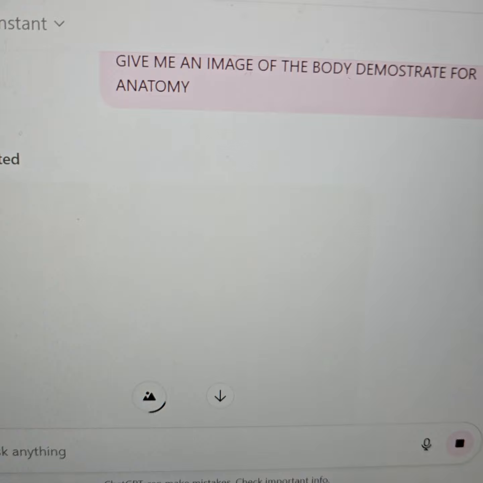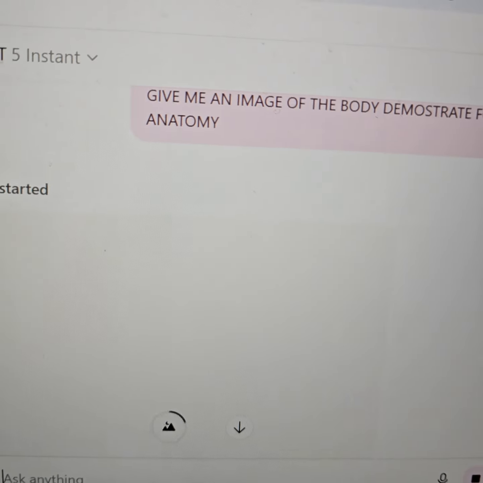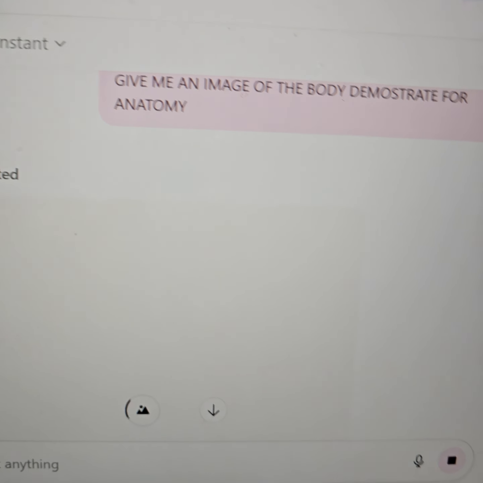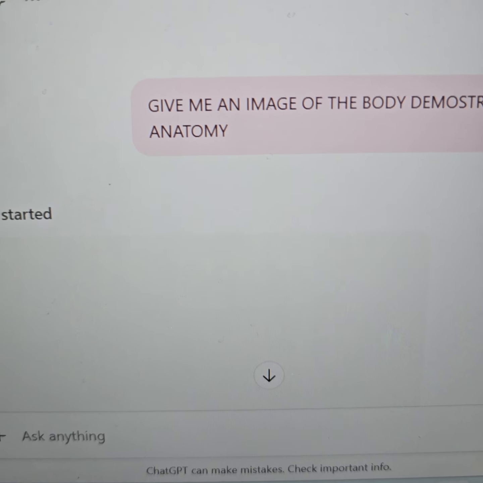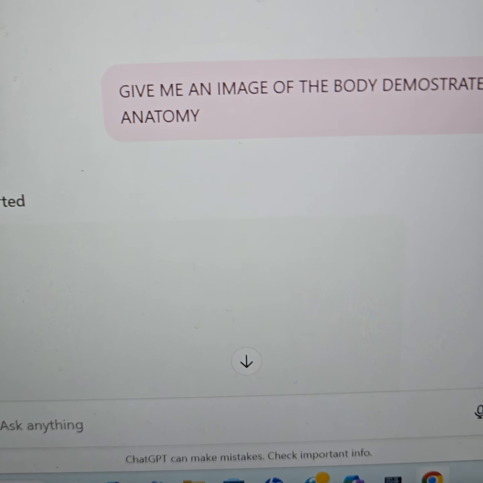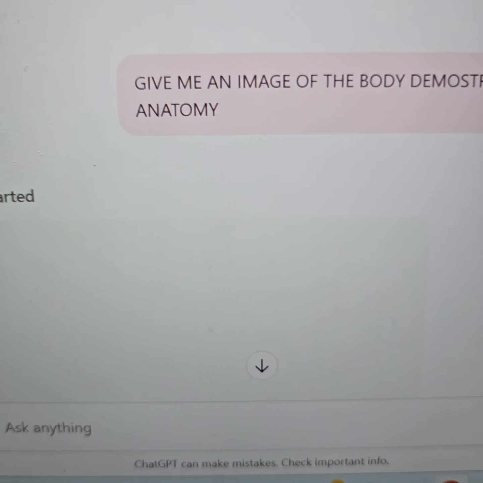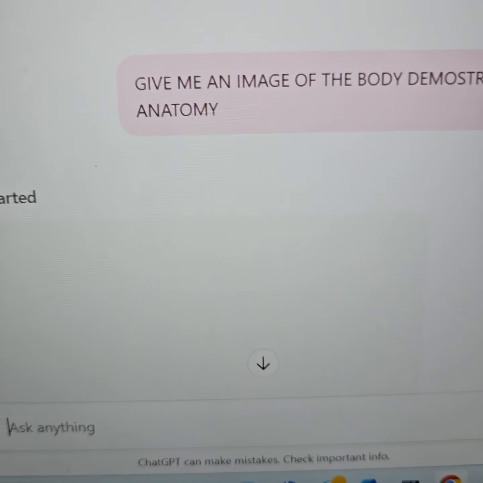Say you're doing anatomy and physiology and you don't remember the body systems or the functions. You could also tell it, hey, I don't remember this. Where is the tibia again? Where is all of that stuff?